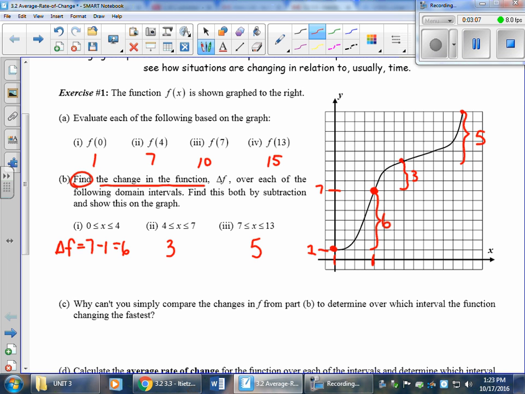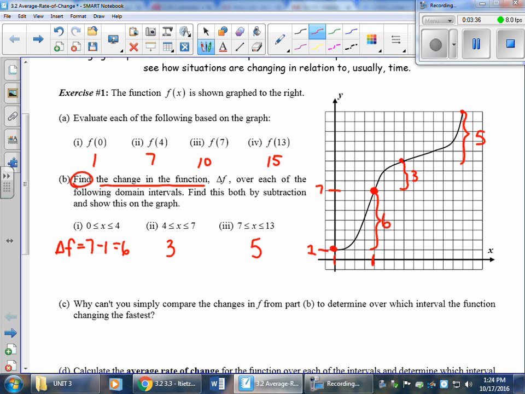For example, if you were trying to compare how fast trees were growing, and one tree you considered over how many weeks it grew, and another tree we looked at how many years it grew, because those x values aren't consistent, it doesn't make sense to compare the changes from part B to determine over which interval the function is changing the fastest.